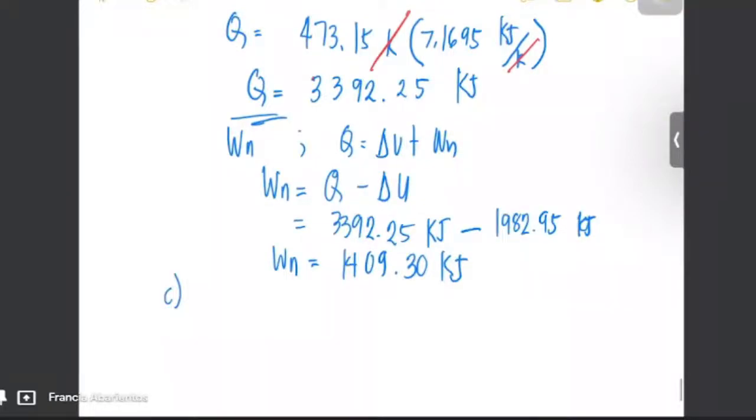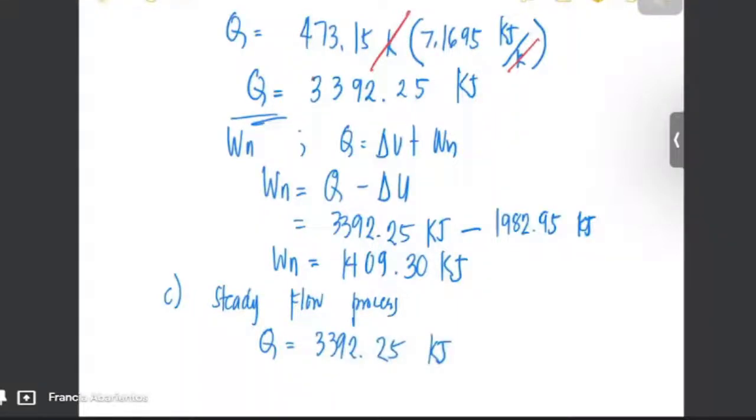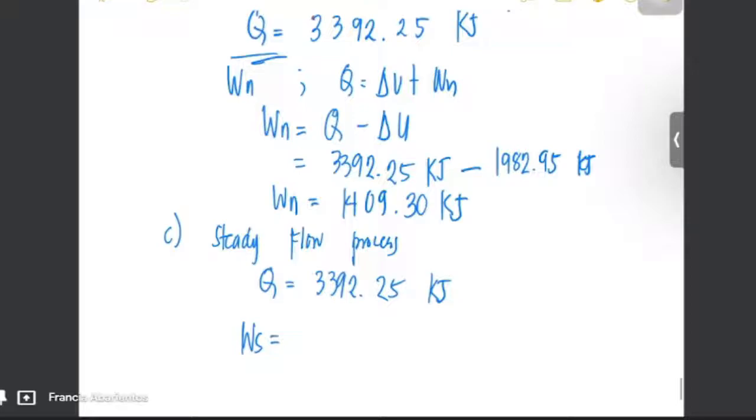Sa letter C class, sa steady flow process, yung heat natin, class, is parehas lang kasi wala namang sinabi doon na maiiba. But in the work of the steady, babalikan natin yung equation natin sa isothermal process. Di ba, class?